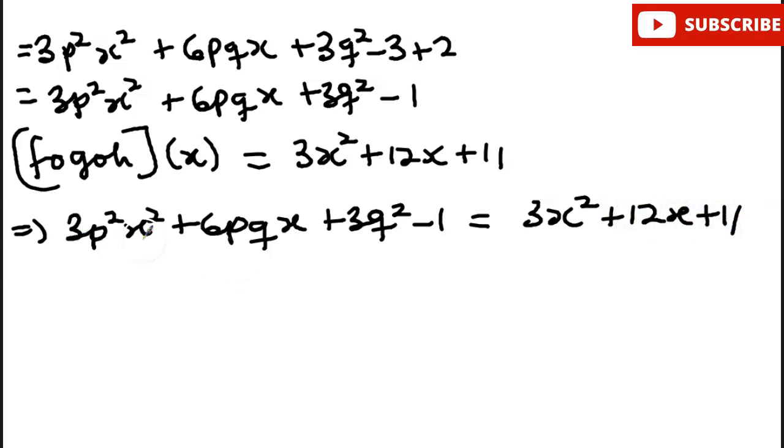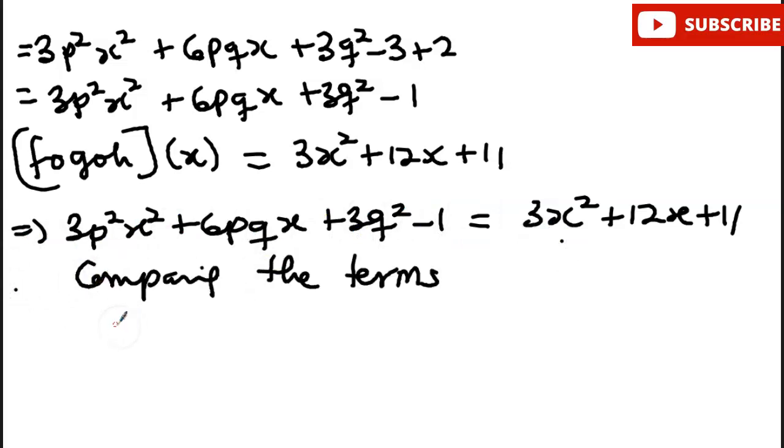So this is a quadratic equation. We compare terms in x squared, then terms in x, and then the constant. When you look at the x squared, comparing the terms, we have 3p squared is equal to 3.